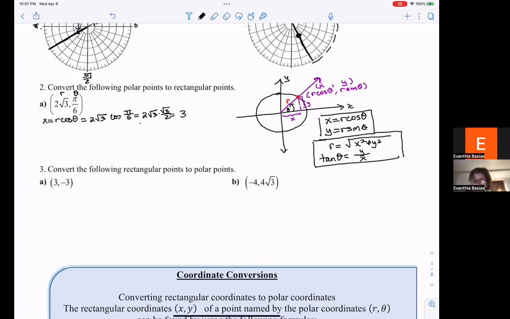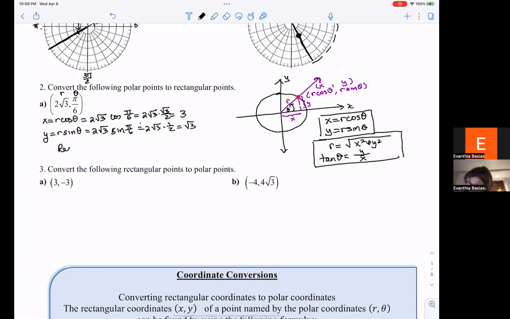So the x coordinate on the rectangular plane is 3. To get the y coordinate, we substitute this into y equals r sine theta. That's 2√3 sine pi over 6, which is 2√3 times a half, and that gives us √3.